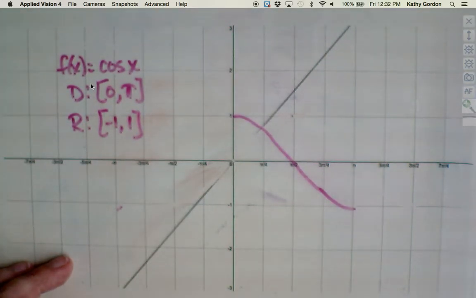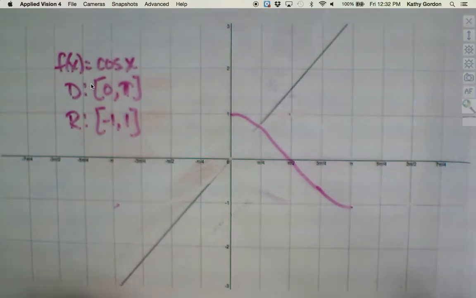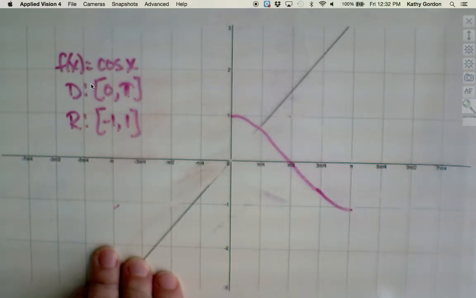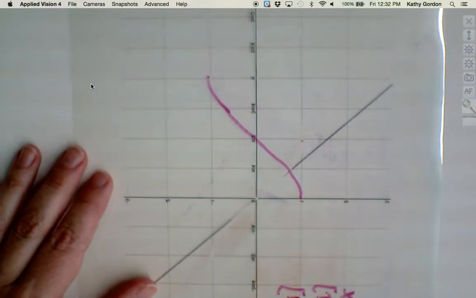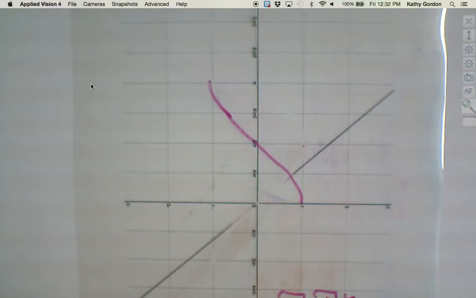Okay, so again, my range didn't change on me. I'm just limiting which x values I can use. All right, so now that I have a piece that works, I can make the flip to get the inverse. And so this is what inverse cosine looks like.